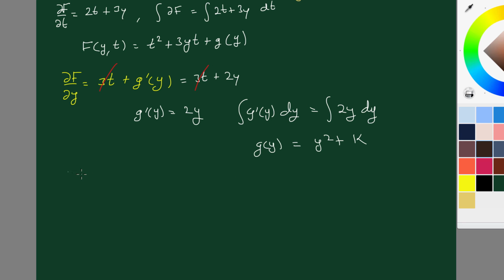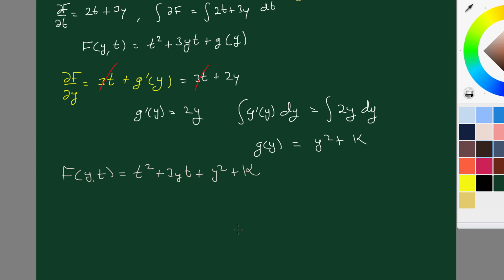that f of y comma t is equal to t squared plus 3yt, and now plus our g of y, which is y squared plus k. Okay, and this is the solution to the equation.